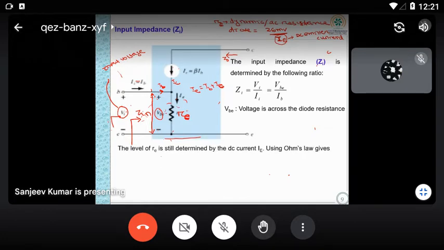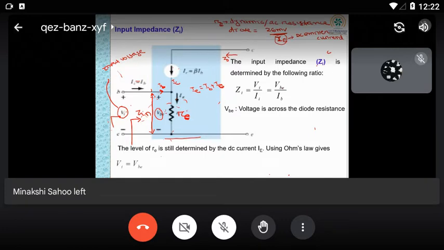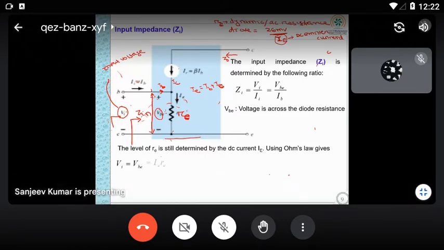Now the level of RE is determined by the DC current IE. So using Ohm's law, we can write Vi is equal to VB. How to calculate VB? What is the current flowing through RE? So VB is equal to IE into RE.